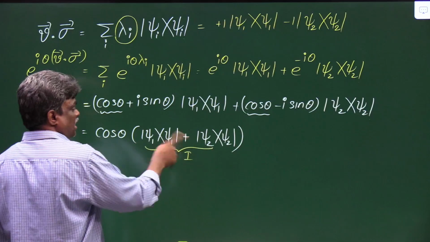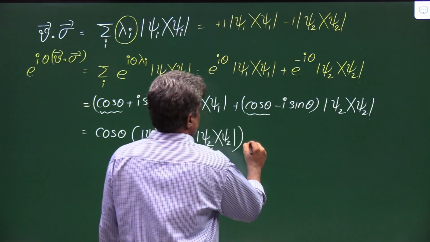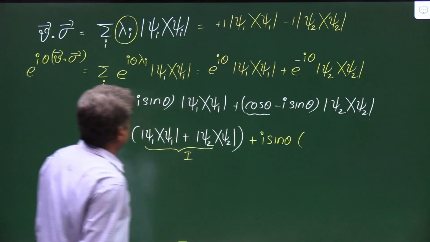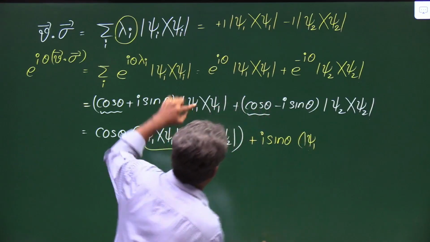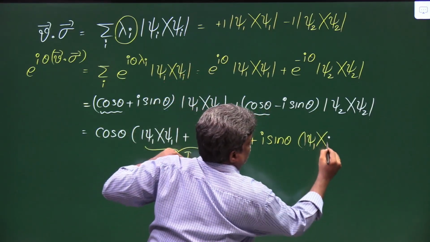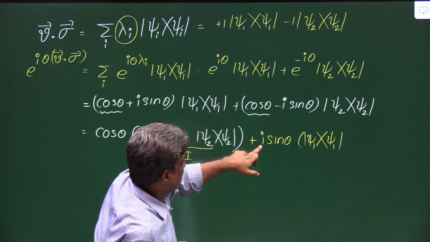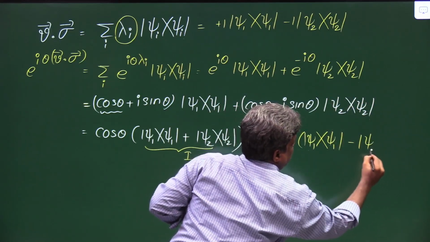The input and output bases are the same, so this is nothing but identity. This time I am taking plus iota sin theta common. Then I will get, see carefully, psi 1, psi 1, and here it is a minus, because I am taking iota sin theta common, minus this one I will get.